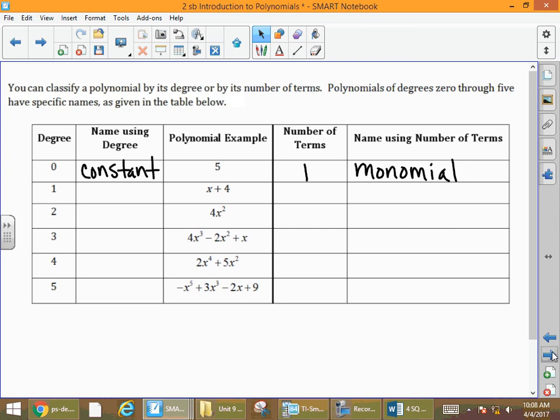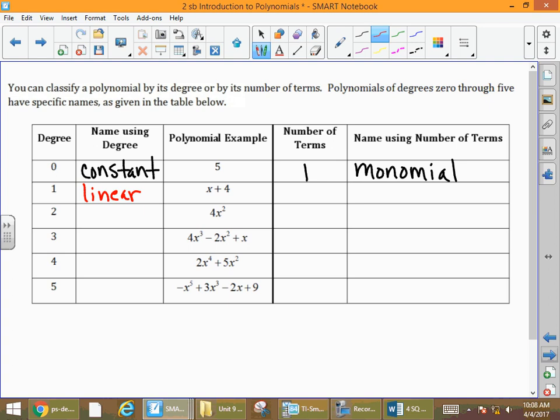So when we get to our degree 1, an example of degree 1 is x plus 4. If we graphed y equals x plus 4, what does it look like? Well, it looks like a line, so we call degree 1 a linear function.